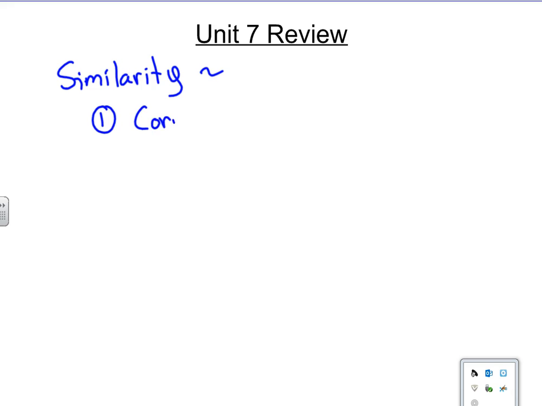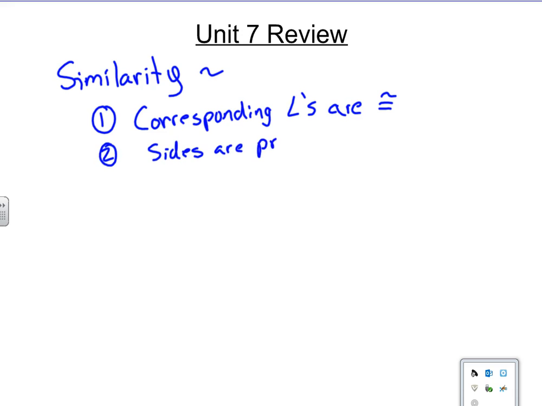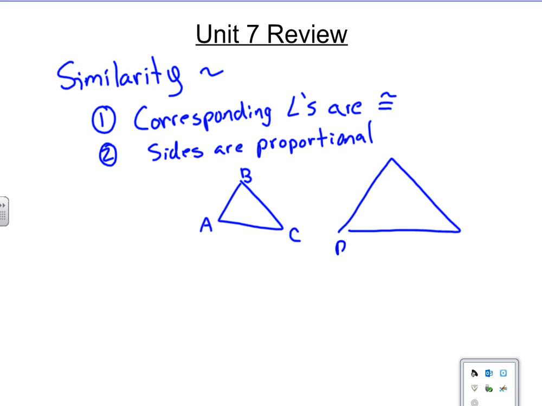Number one is that corresponding angles are congruent. And number two is that the sides are proportional. So let's say we have a triangle, let's call this triangle ABC, and triangle DEF.